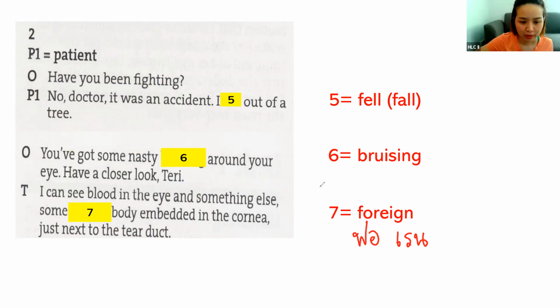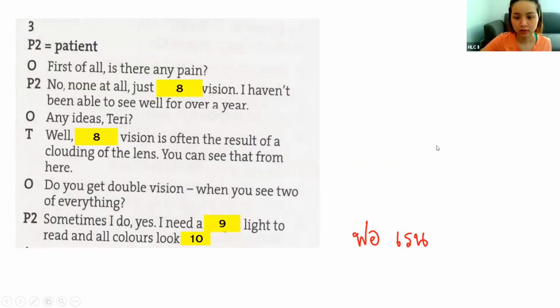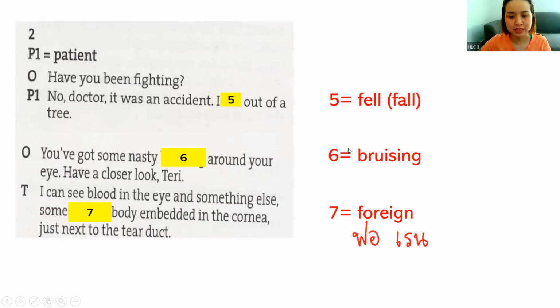For rain. Okay, let's move on to the next one. Oh, I forgot. Number 6 is bruising. Okay, this one is not that difficult to pronounce.